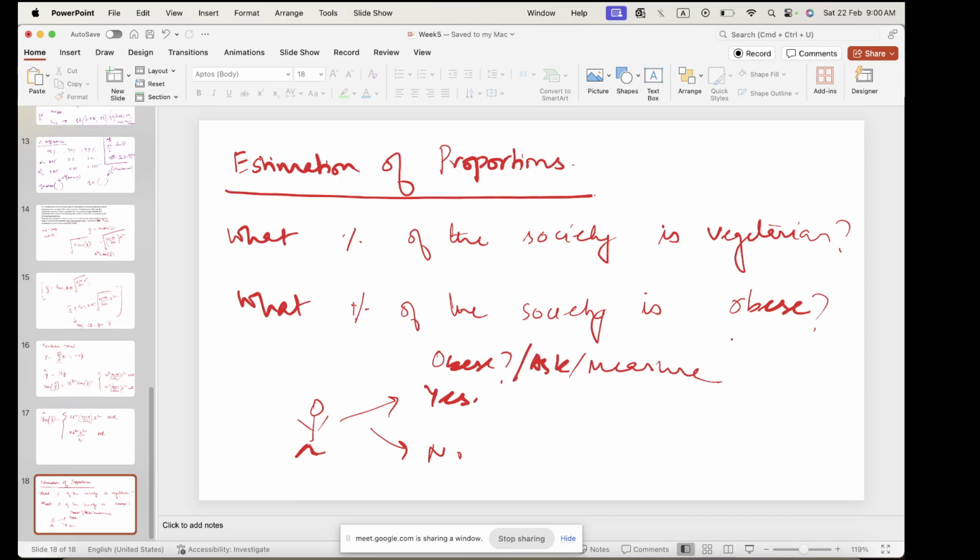Okay, we measure BMI, let's say, body mass index, and then conclude if somebody has obesity or not. And then from the sample we try to estimate what proportion of the population is actually suffering from obesity.